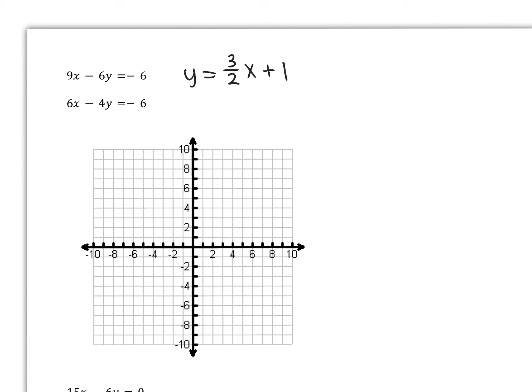Okay. My second equation, you subtract 6x. We're going to get y equals 3/2 x plus 3/2.